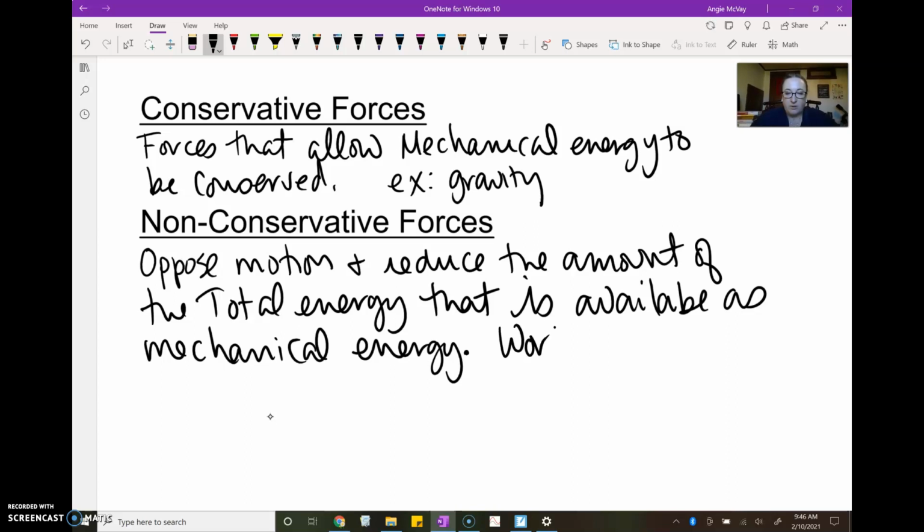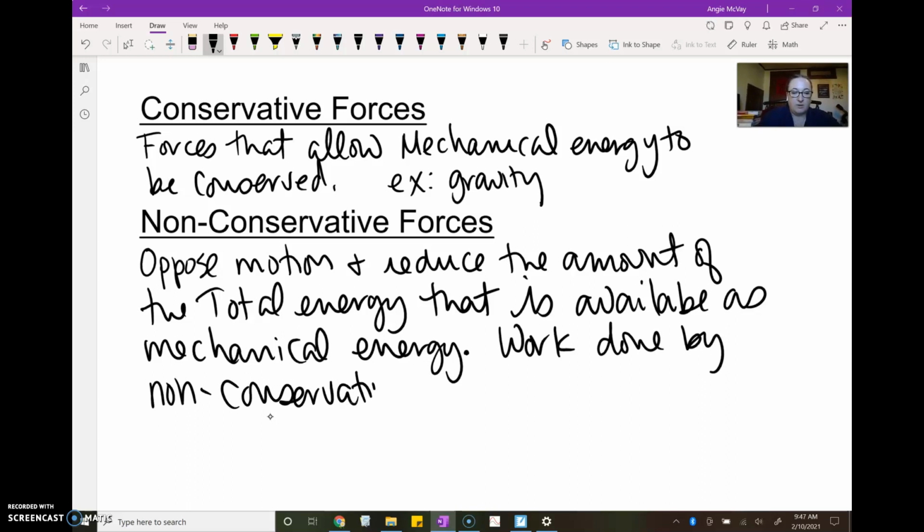Work done by non-conservative forces turns to thermal energy.